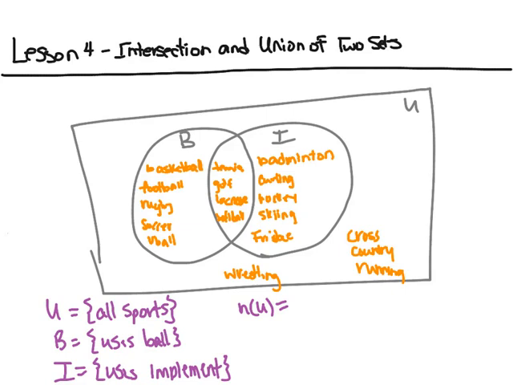There's 16 sports. N of B is 1, 2, 3, 4, 5, 6, 7, 8, 9. So there's 9 things that use a ball. N of I, implement, is 1, 2, 3, 4, 5, 6, 7, 8, 9 as well.